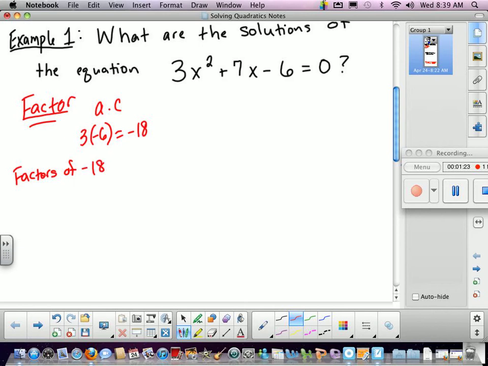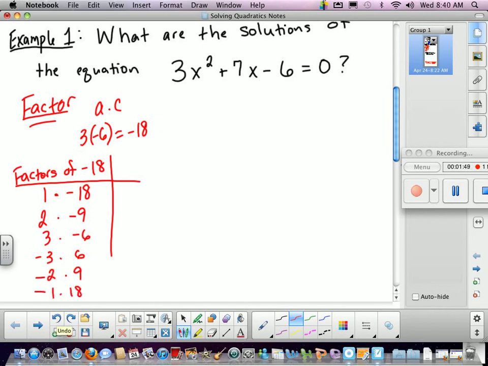We have 1 and negative 18, 2 and negative 9, 3 and negative 6, then negative 3 and positive 6, negative 2 and positive 9, and negative 1 and positive 18.